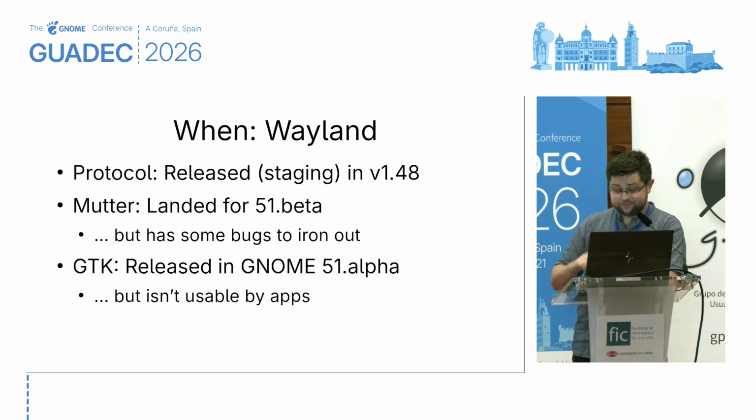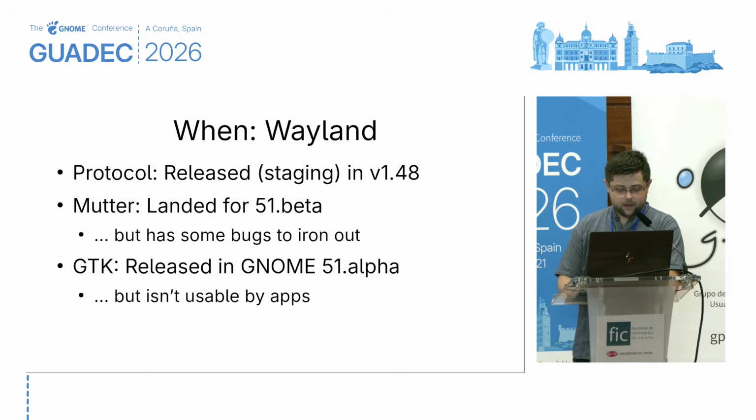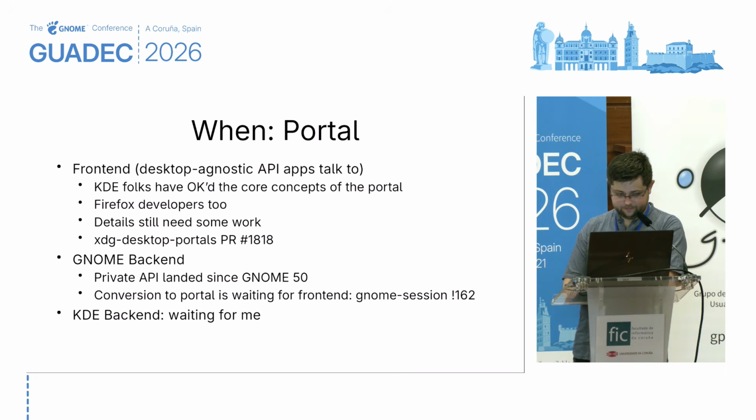However, I know that there are some bugs to iron out when you actually put this together in a full session save restore. There's some jank. And the GTK parts, the Wayland parts for GTK were released in GNOME 51 alpha, but it's not usable by apps yet.